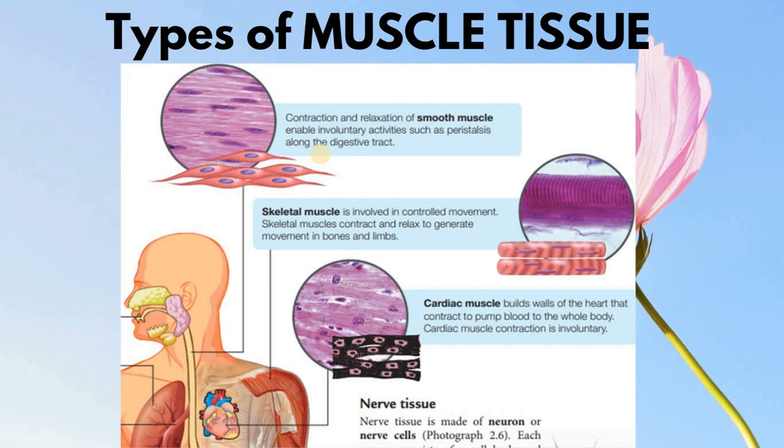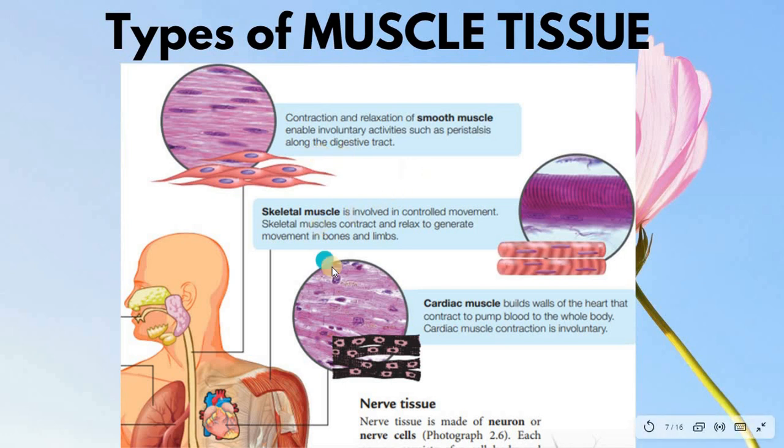For example, peristalsis. What is peristalsis? The movement of food along the digestive tract. We are not aware of the food we eat moving down through the digestive tract. By what process? Peristalsis, which is controlled by smooth muscle.